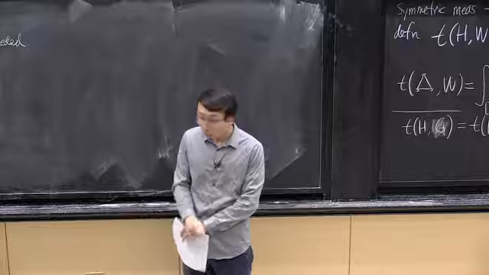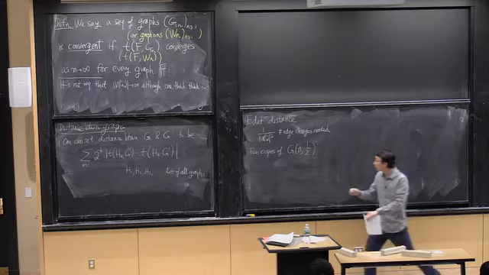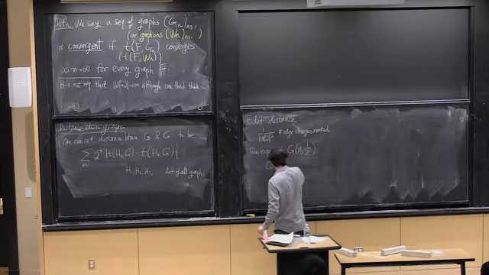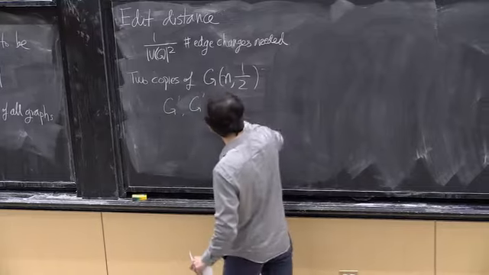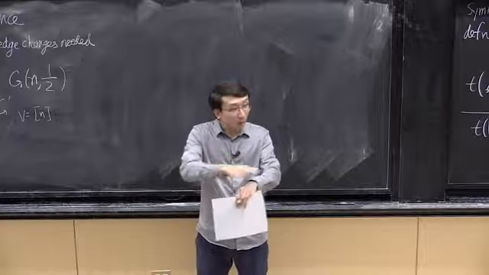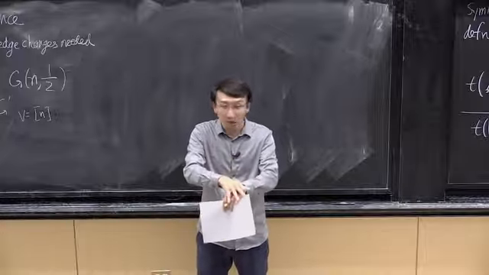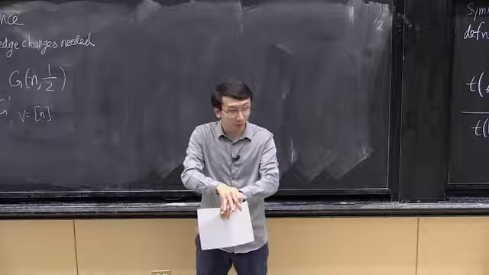Okay, so let me try to rephrase what you're saying. Suppose I have this G and G prime, both sitting on top of the vertex set [n]. If I'm not allowed to rearrange the vertices, how many edge changes do I need to go from one to the other?